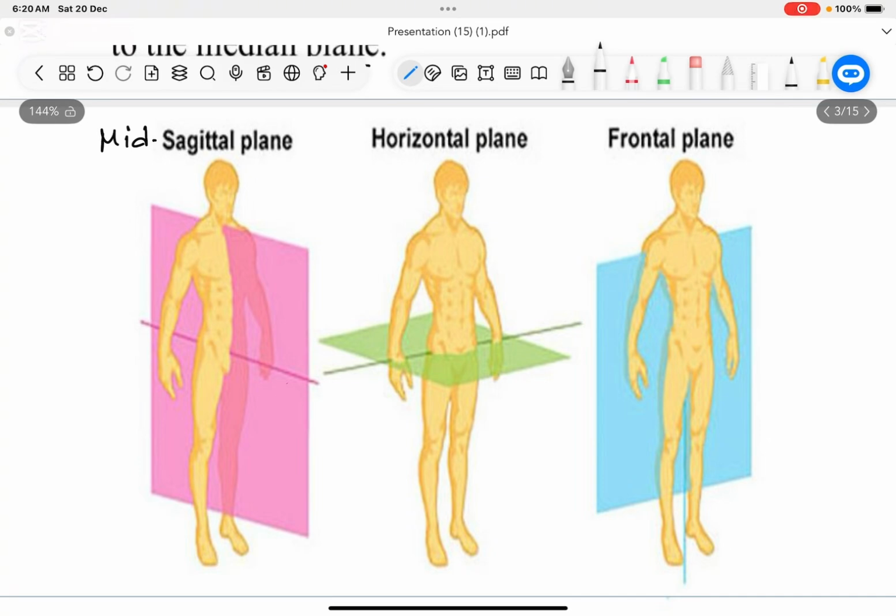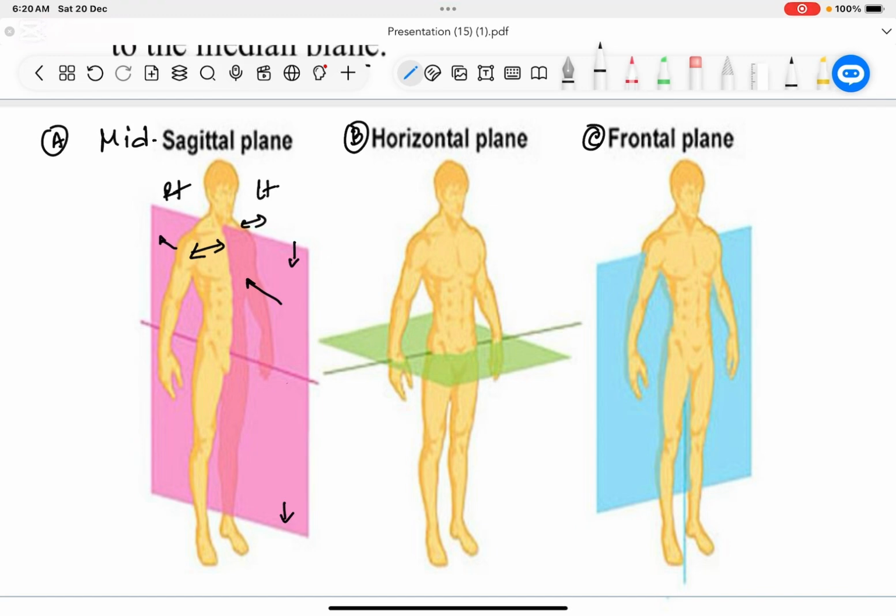On screen you can see, we can denote it figure A, then B, then C. Let's start one by one. First is the mid sagittal plane. The mid sagittal plane runs from front to back and from top to bottom, passing just through the center. So it divides the body into two equal halves, right half and left half.